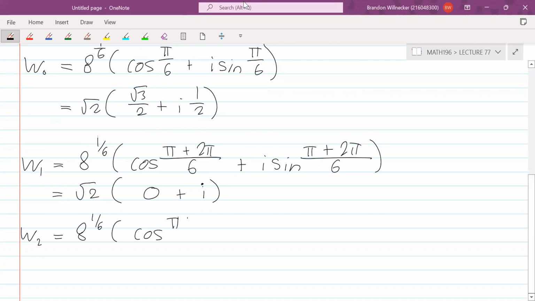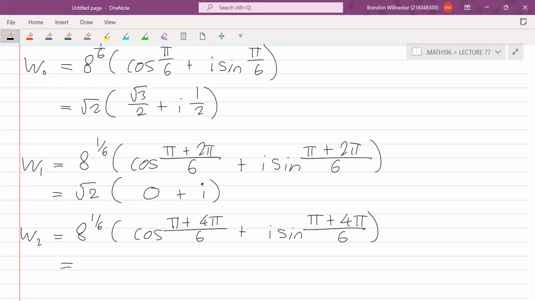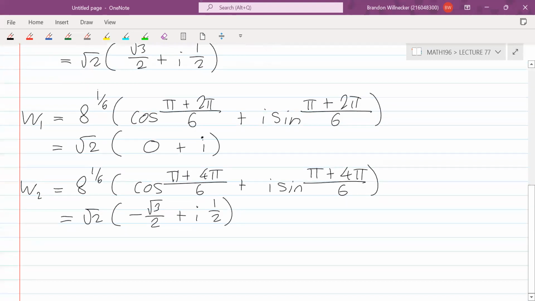So that's going to be pi plus 4 pi over 6 plus r sine pi plus 4 pi over 6. Okay, and that's going to give us root 2, then we're going to have minus root 3 over 2 plus r times a half. Okay, so that's W2. Let's look at W3.